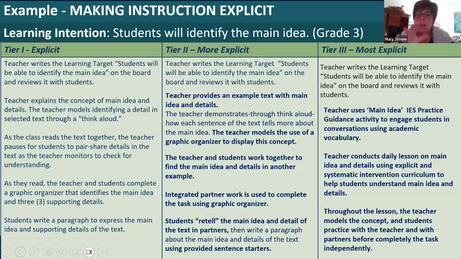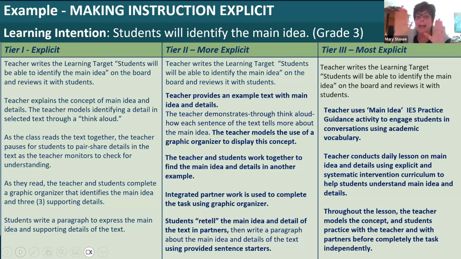I'm going to break each tier down in subsequent slides, but I want us to think about this in an overall view. This is what we're doing at tier one, and it is explicit. This is what we're providing at tier two, and it's more explicit. But this is what we're providing at tier three, and it's even more explicit than we saw at tier one.